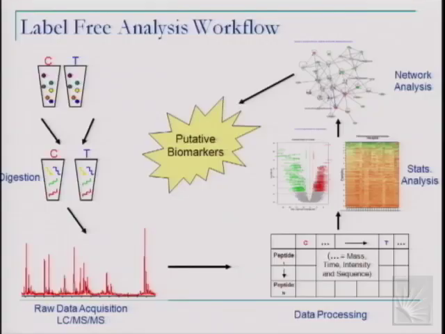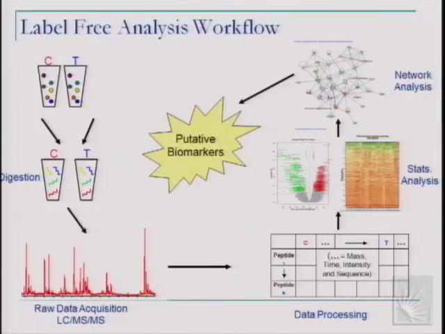Here's a simple comparison for the purposes of explaining the workflow, in which you have a control and a test. Each sample is individually digested with trypsin and/or Lys-C. And then that solution is directly analyzed via LC-MS using a high-resolution instrument such as the Orbitrap or the LTQ-FT.